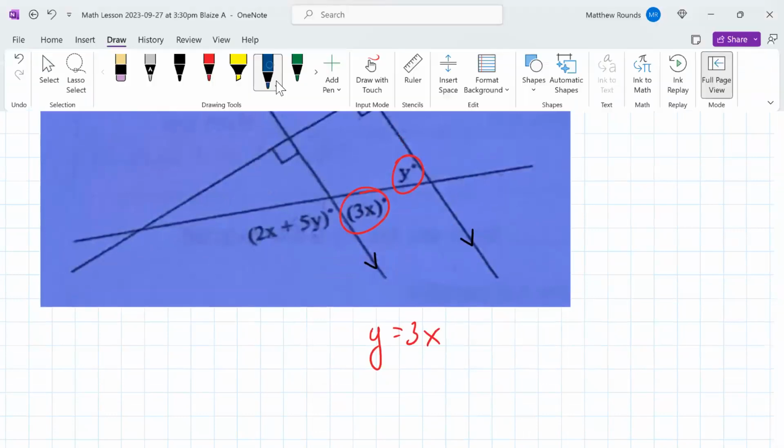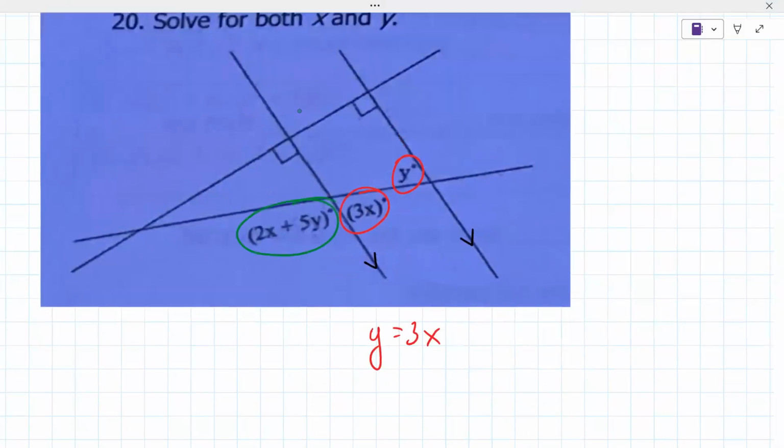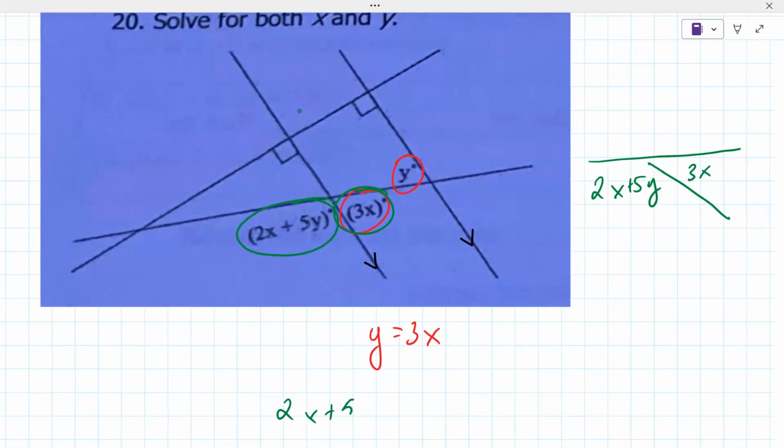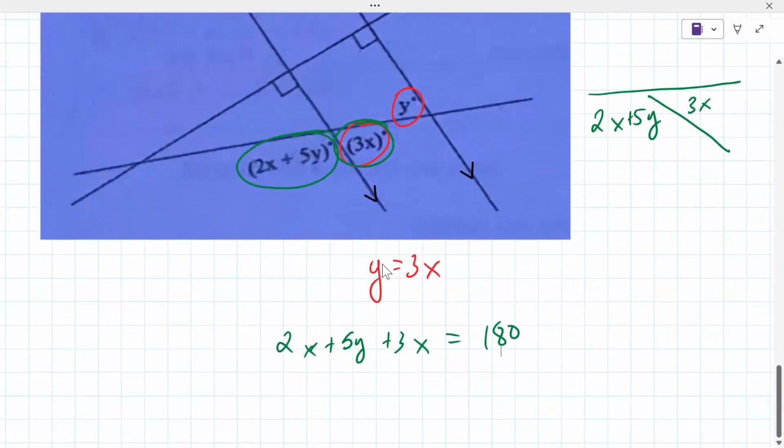And then what do you know about these two that I'm circling that are on the same line? They add up to 180. So we can say 2x plus 5y plus 3x equals 180. What can you do with this y equals 3x?